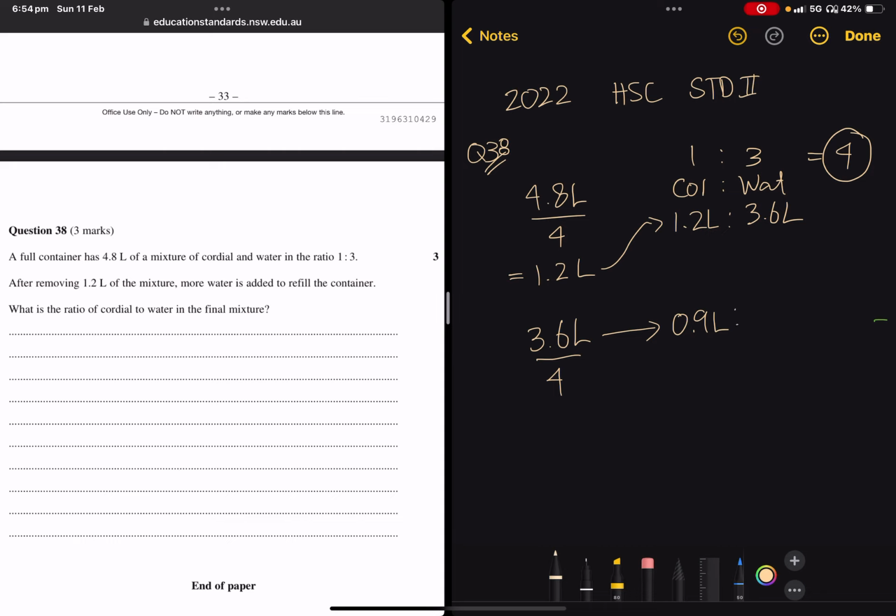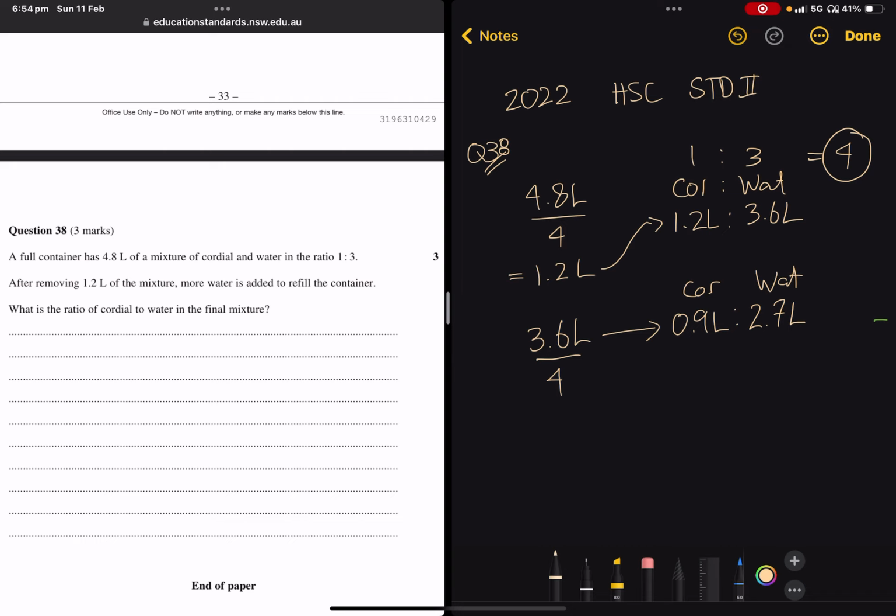And then we multiply 0.9 by 3. This gives us 2.7 litres. So the 3.6 litres remaining after the 1.2 litres is taken out consists of 0.9 litres of cordial and 2.7 litres of water. And we did this with ratios.